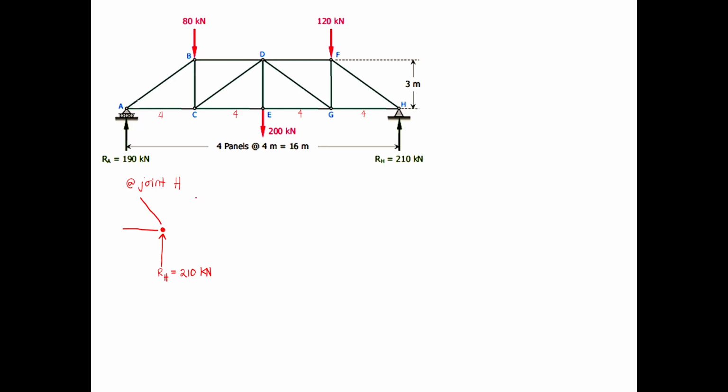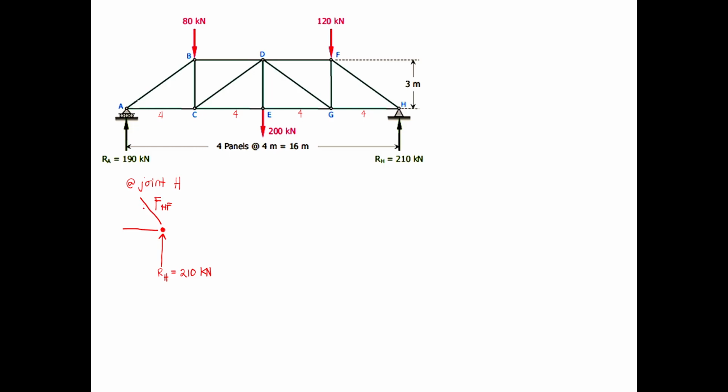We don't want to assume that it's in tension, because again, it might create confusion later once you solve the different values. Instead, we analyze that each joint must be in equilibrium. Since your force RH is going upwards, no other member has a vertical component except member HF. So this is force HF.